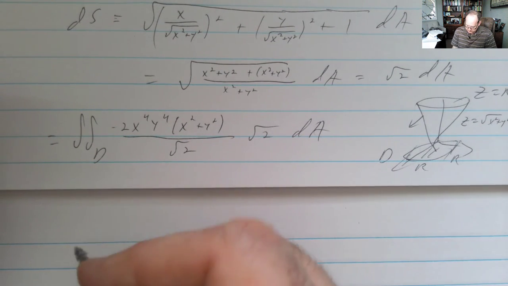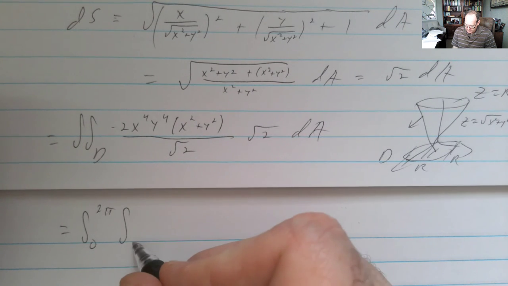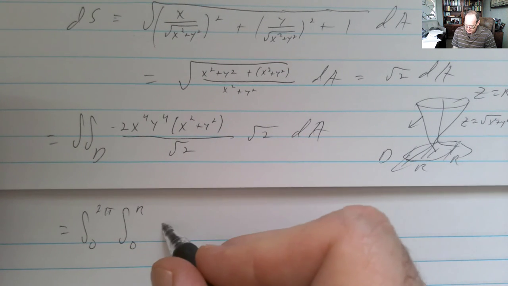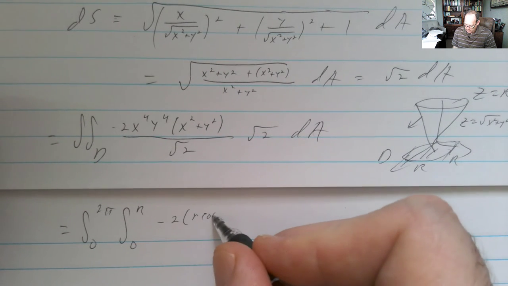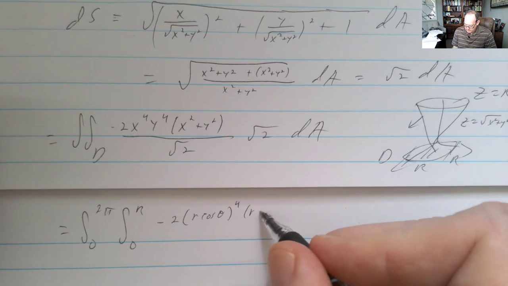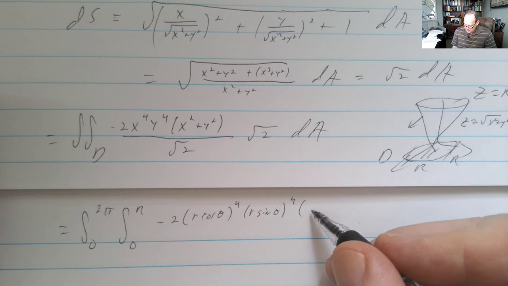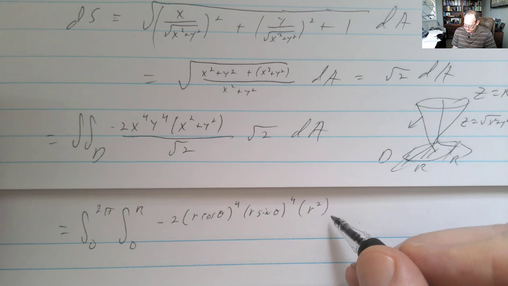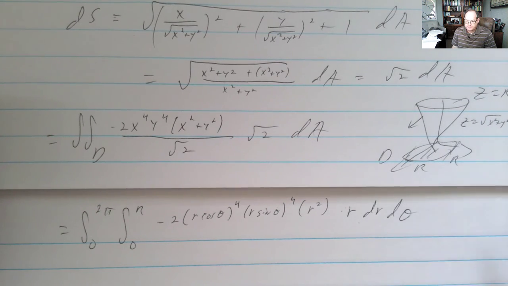So in polar, goes 0 to 2 pi, 0 to r, negative 2 r cosine theta to the fourth, r sine theta to the fourth, r squared, then times r dr d theta.